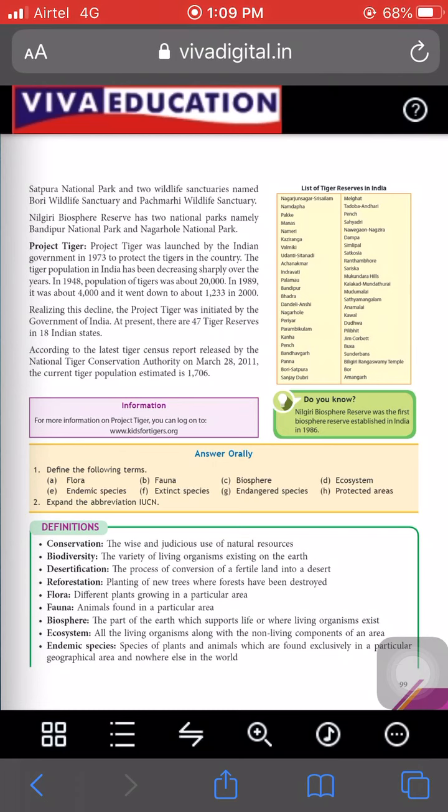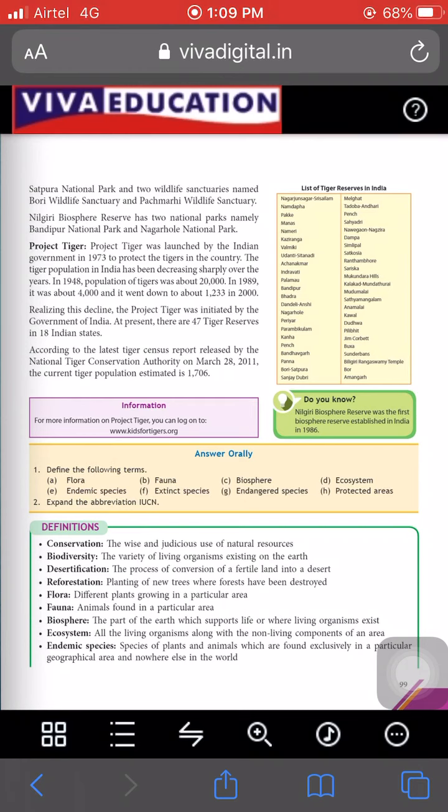So to increase the population of tigers, the government made Project Tiger in 1973. Now in India there is a tiger population of 1706. Now I hope you will understand this chapter.